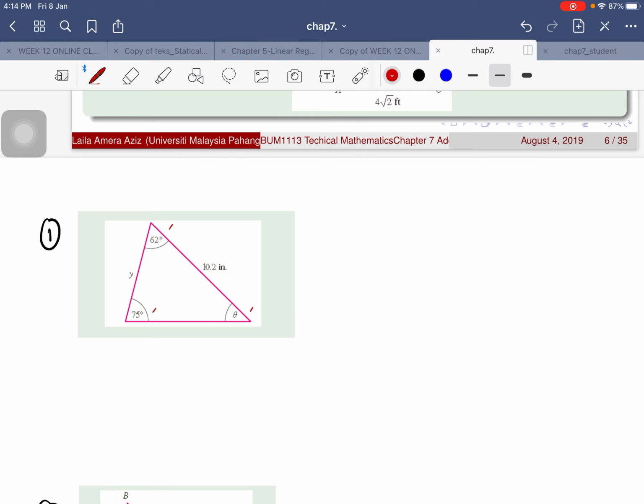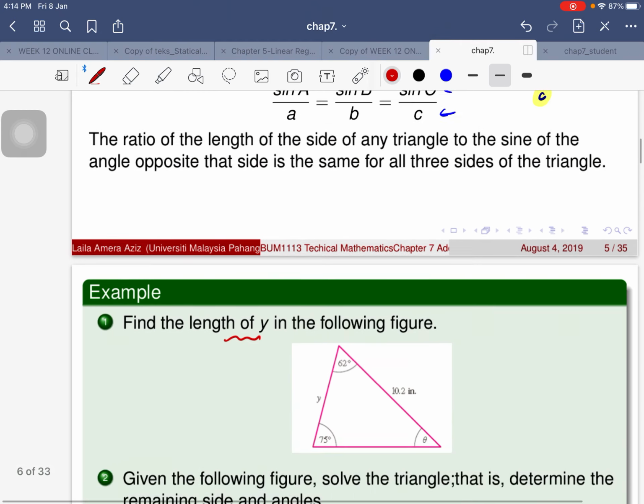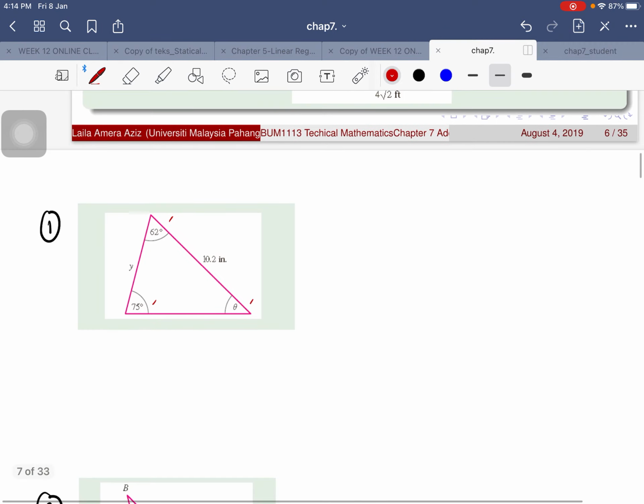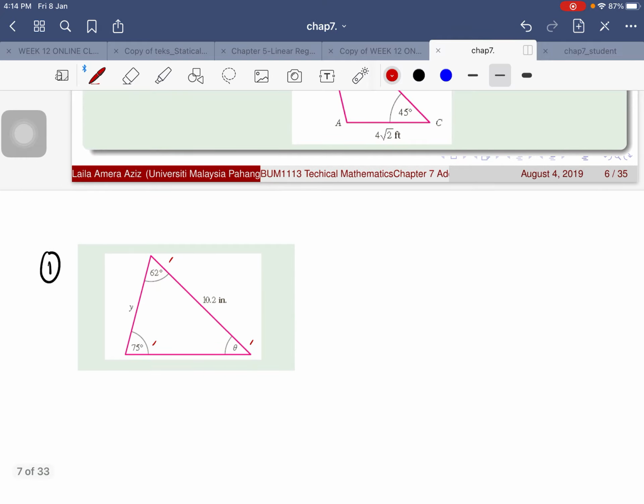So when you want to use the sine law in order to find any value, you need to know at least 3 values. There is going to be either 2 sides or 2 angles, depending on what information you have. Now I want to find the value of y, and I have one of the lengths, which is given right here.